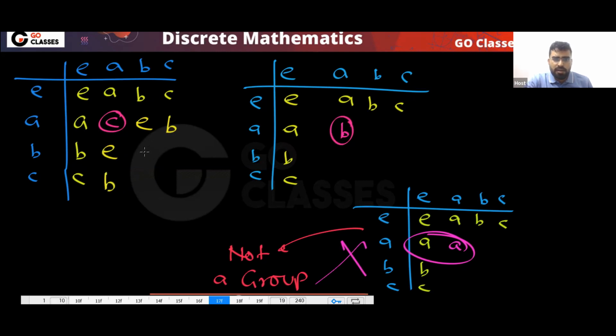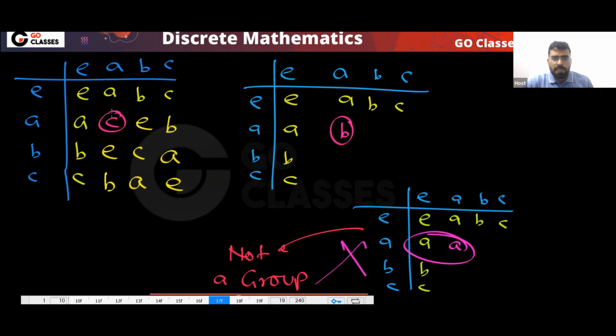Now, what choice do I have? For example, what can I put here? Can I put C here? At this point, I cannot put C, so I have to put A. Now automatically this will be C, and automatically this will be A and this will be E. Is this clear?